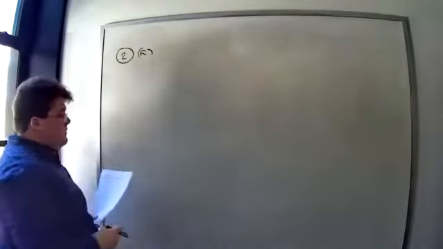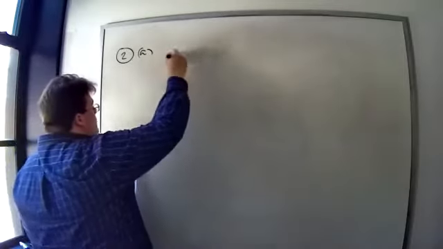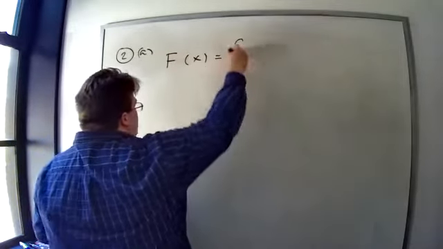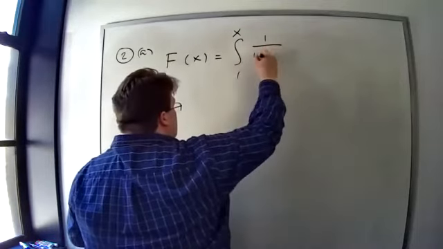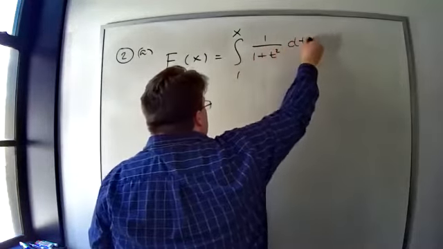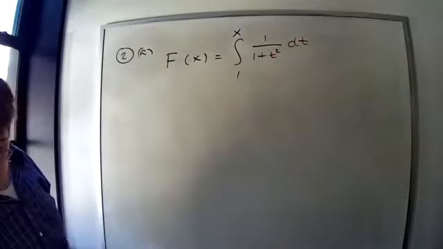So in the lecture, well, let's write this out first. For part A, F of x, integral from 1 to x, 1 over 1 plus t squared. X is our variable.